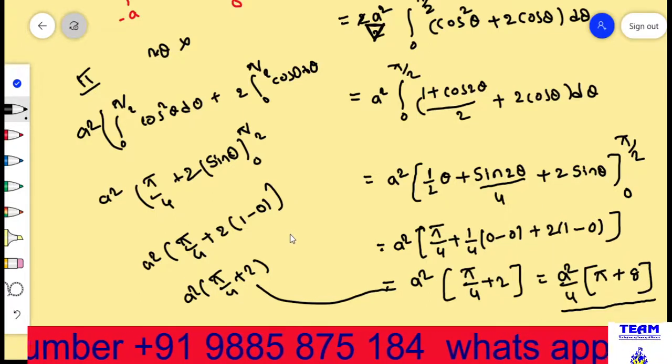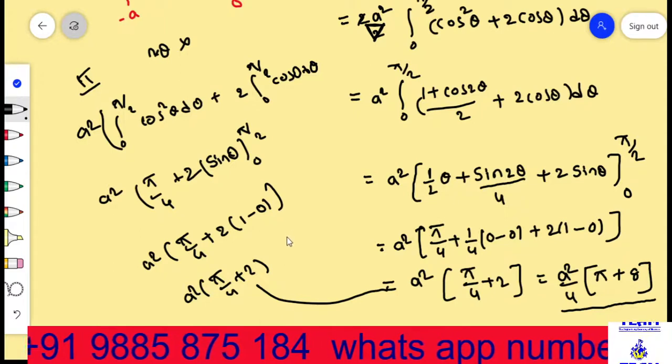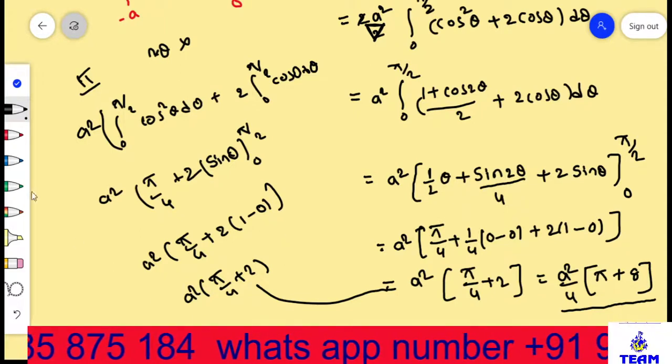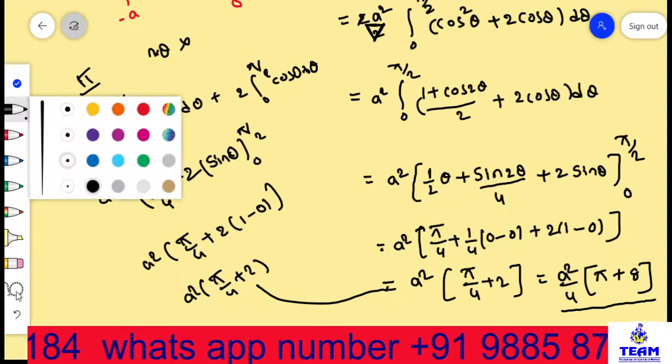Clear? Right. Without a calculator means you have a formula. Which formula do you have? I will tell you that formula also. Now method 3.